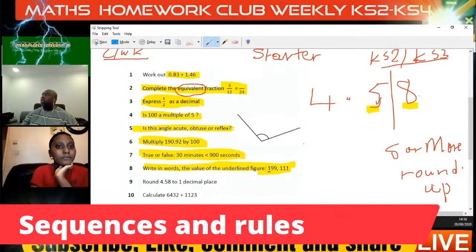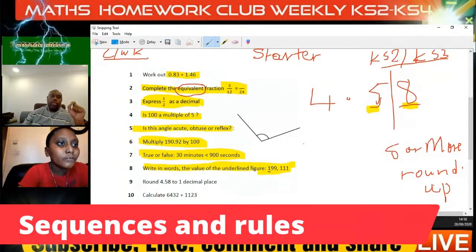So we look at the second decimal place. If it's 5 or more, you increase this number by 1. Is this number more than 5? Yes. So we're going to increase this number by 1.